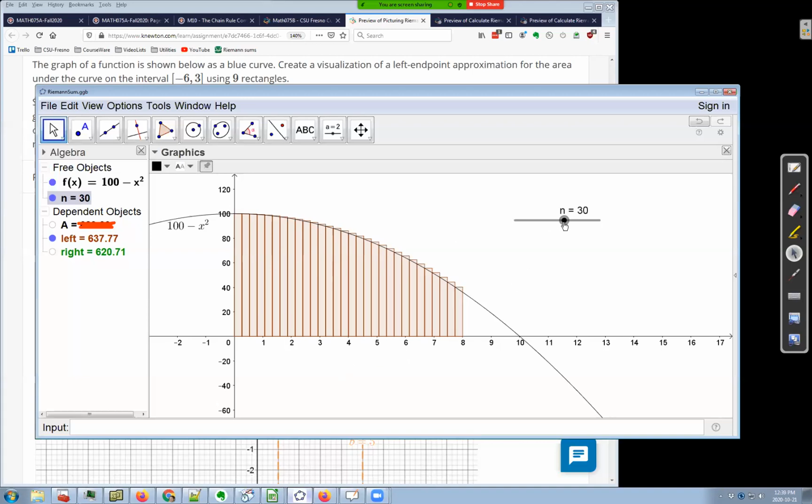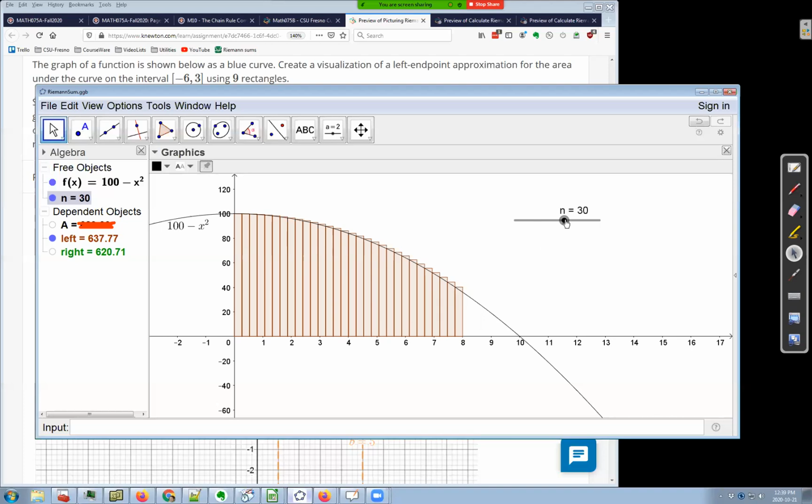So if it's 30 rectangles, this is still an easy problem. It's just going to require me to do a lot of tedious computation. Or I could program a computer. A computer could find the area under these rectangles really fast.